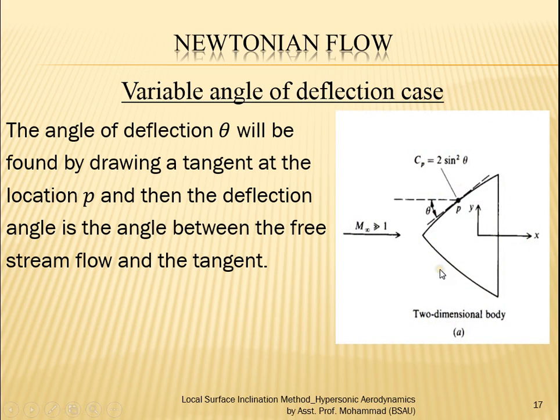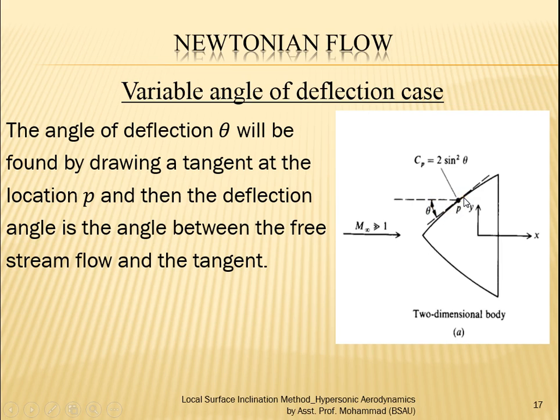This is a 2D variable angle body. The flow is coming with the hypersonic Mach number and attacks here. From here to here, the deflection will vary. How do we find the deflection of the flow at a particular location locally? Because the CP is affected locally; it's not a global value, it's a local value.